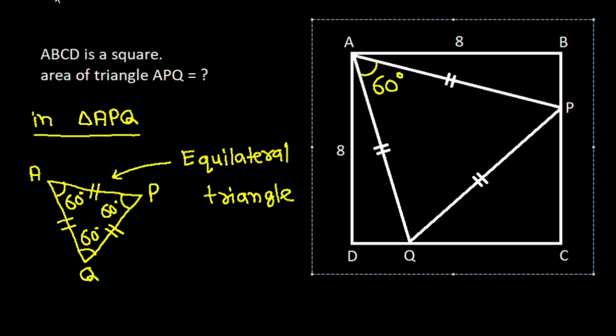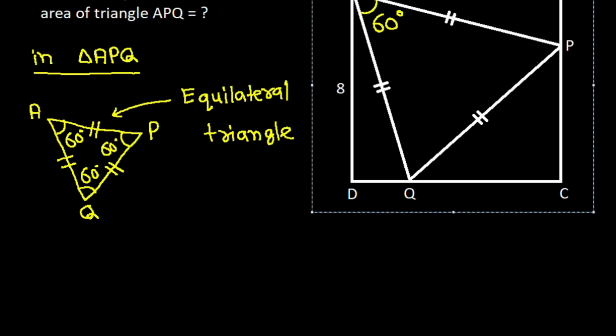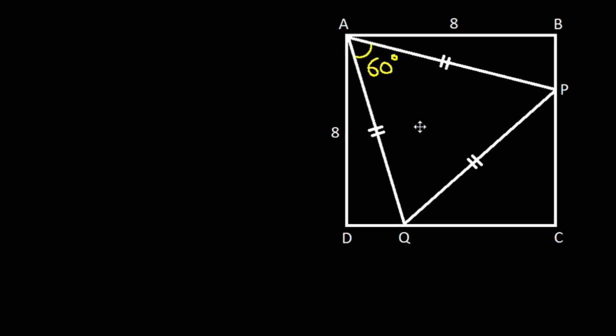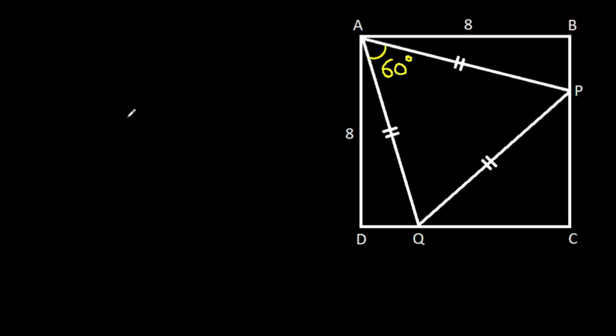And now we know that ABCD is a square. That means this angle, it will be 90 degrees. This angle, it will be 90 degrees.